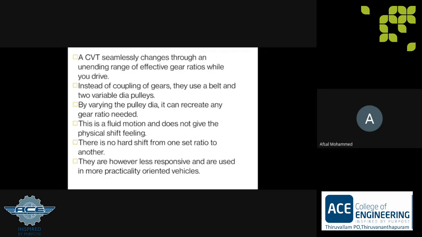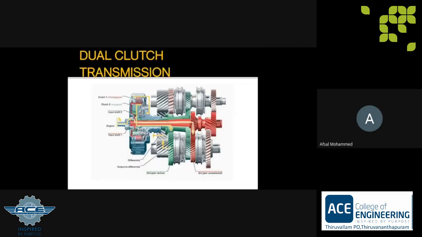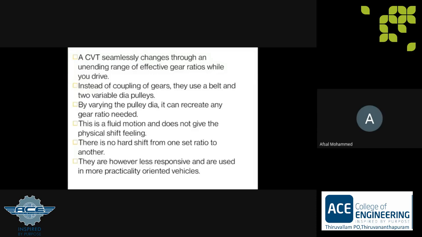CVTs are most commonly used in smaller cars or cars that are supposed to be driven in the city and on highways. And that means that it is not as responsive and they are usually seen in cars with lower power and that are not driver focused. So CVTs can be easier to drive, however, not as responsive to drive.